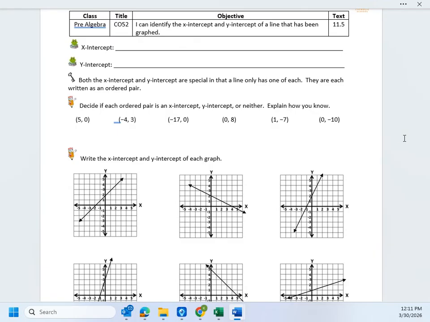I can identify the x-intercept and the y-intercept of a line that has been graphed. So the x-intercept is where the line crosses the x-axis.